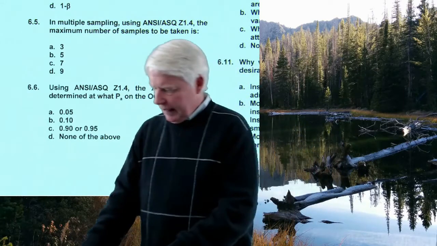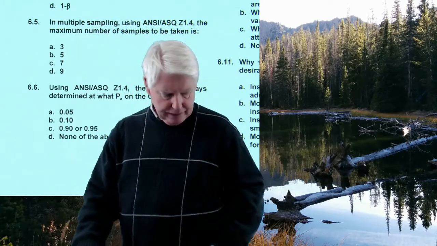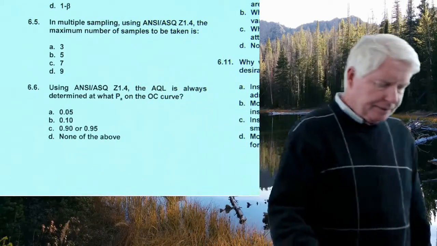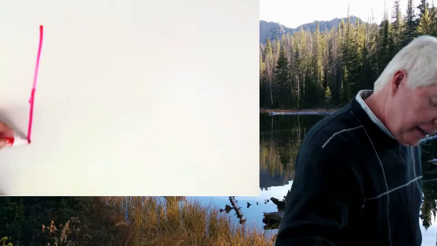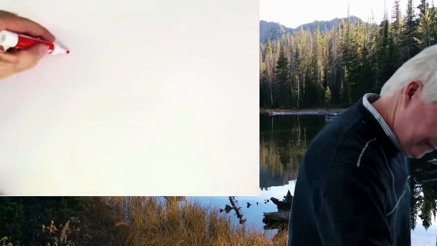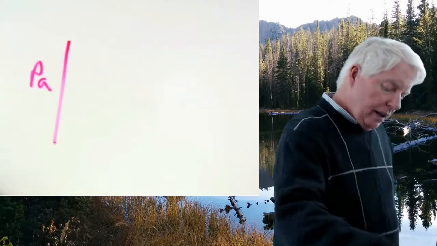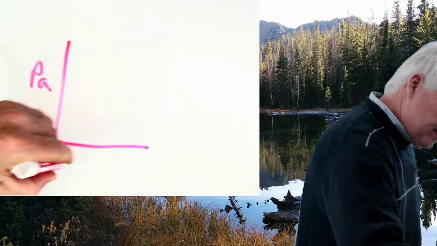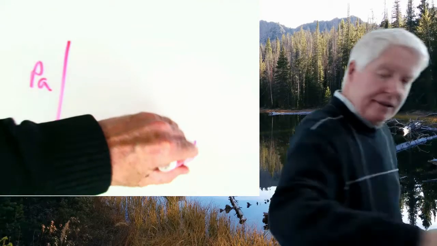So I'm going to take this opportunity to show you the OC curve, and I'll just draw one. So you have 2 axes that we're interested in here. The y-axis is the probability of acceptance, and this is the percent defective, percent bad parts in the lot.